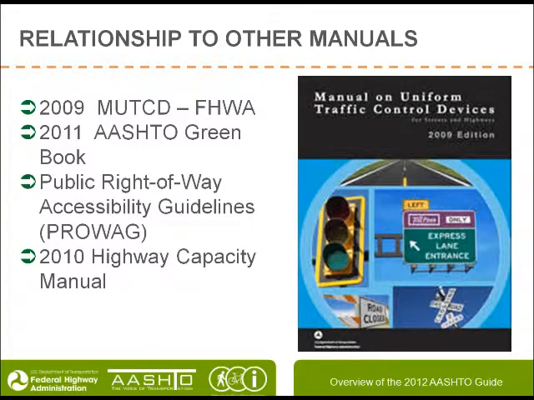This manual covers signs, signals, and pavement markings, and the information that's in the 2009 MUTCD and in subsequent guidance that Federal Highways has issued on bikeways is incorporated into the 2012 AASHTO Bike Guide. So the two documents are compatible with each other. In a number of cases, the AASHTO Bike Guide elaborates on design treatments that are in the MUTCD and gives more information on how to use those different design treatments. And so that's important to understand.